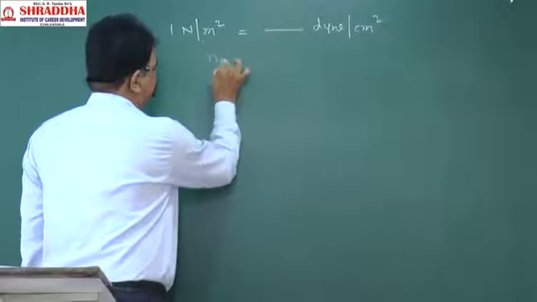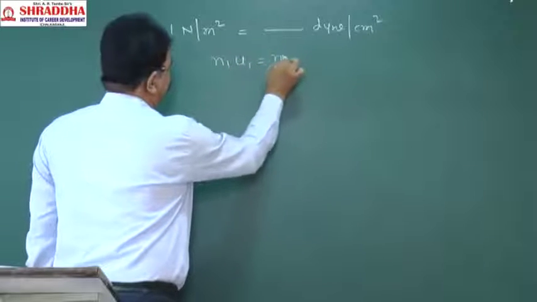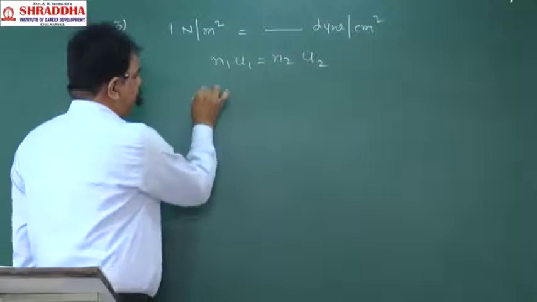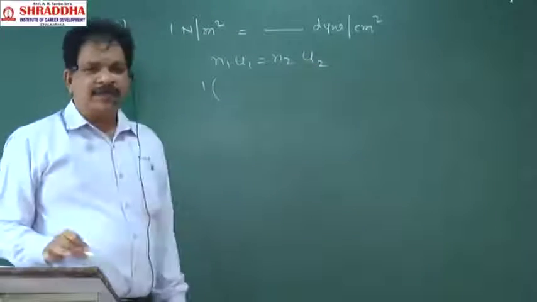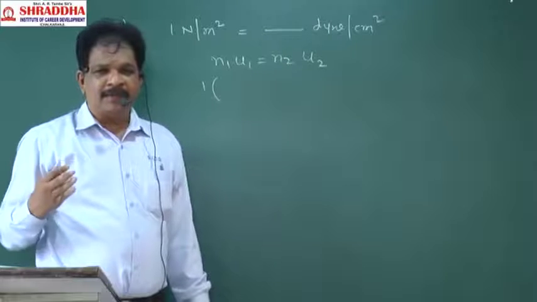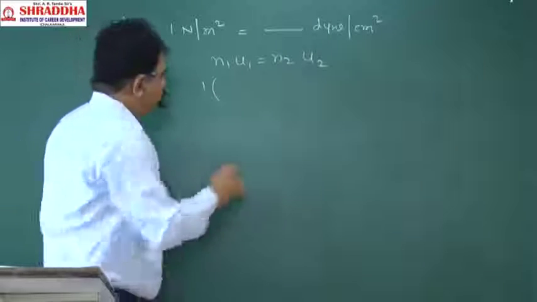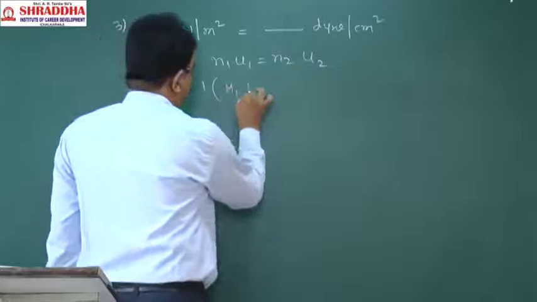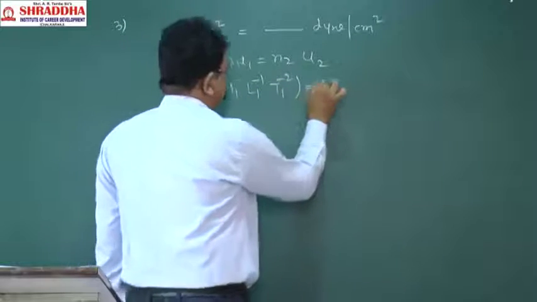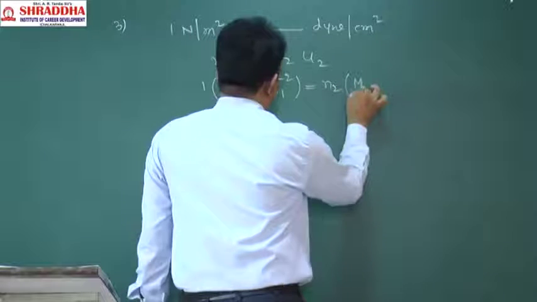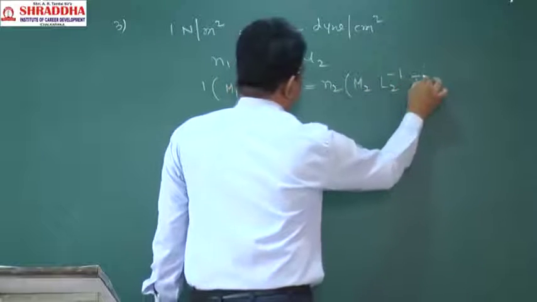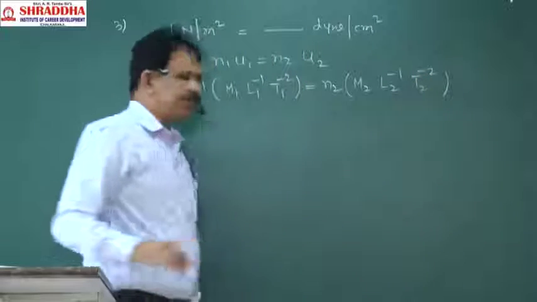N1 U1 is equal to N2 U2. 1 into pressure dimensional formula, try to remember, M L power minus 1 T power minus 2. This is M2 L2 power minus 1 T2 power minus 2.